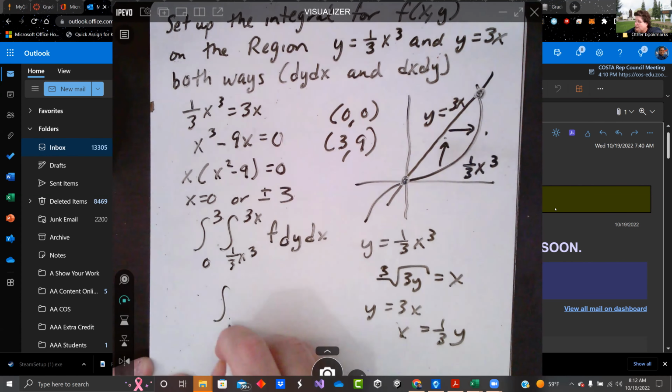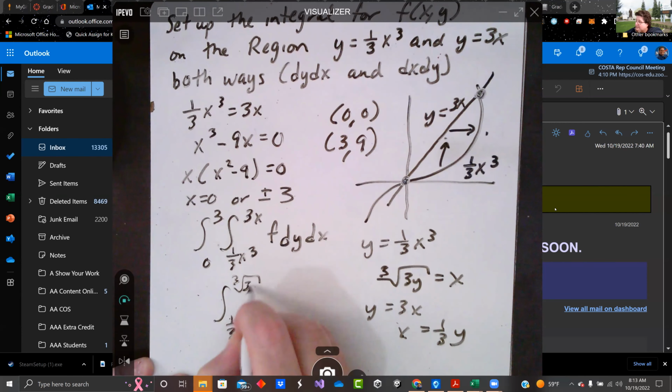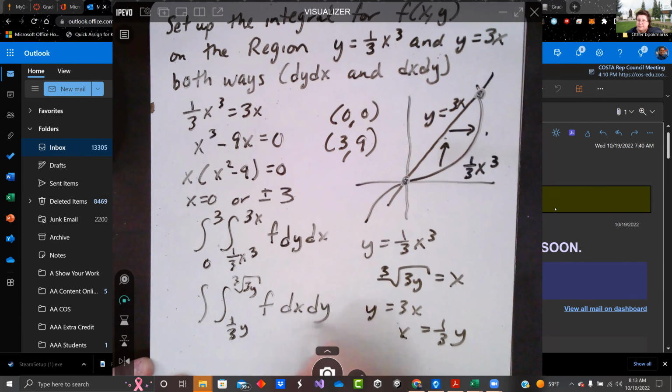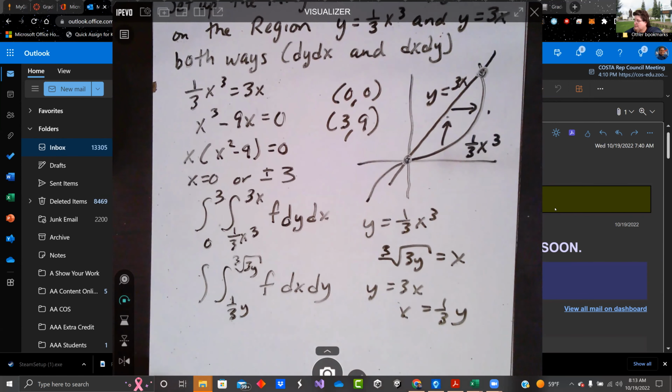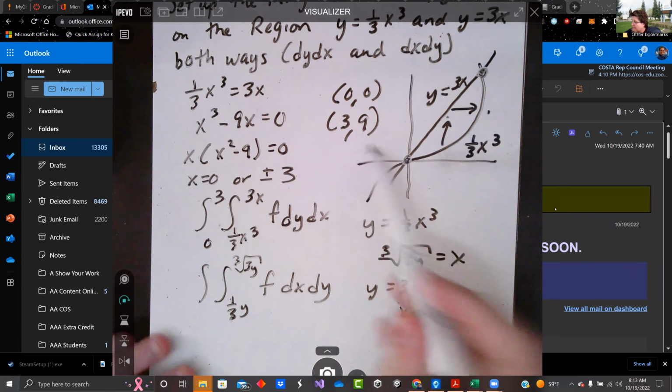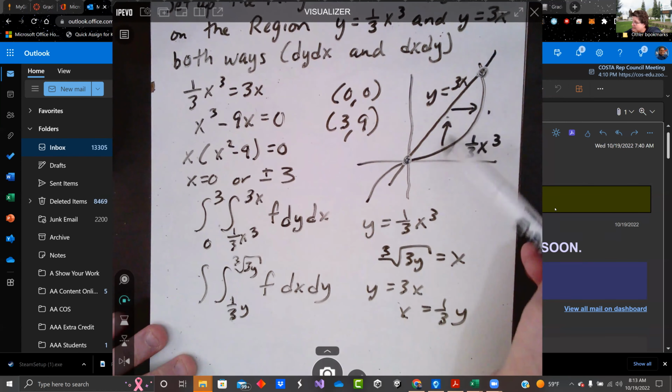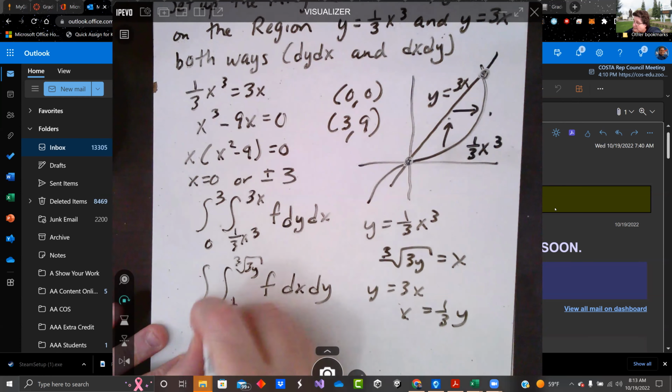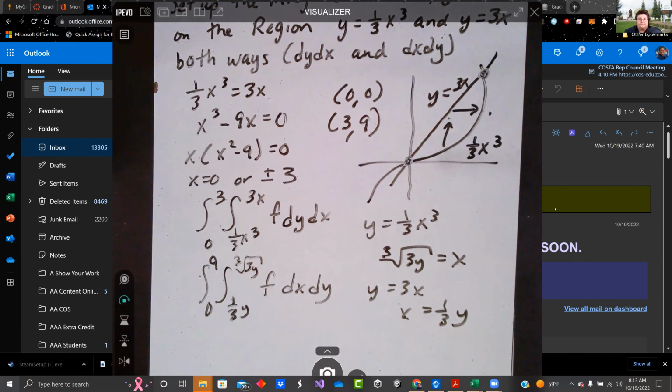So it'd be 1/3 y here, and then cube root of 3y here. And we got f of dx dy. And this limit, we are doing the y's, so 0 to 9. So that's the 2 ways we could set it up.